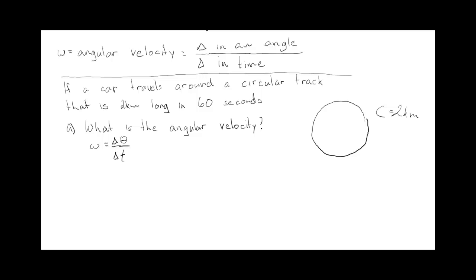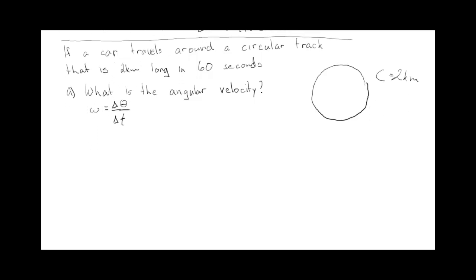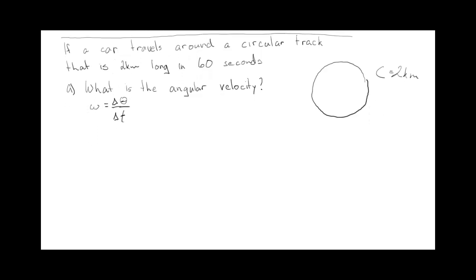Now, one thing it doesn't say in the question is what units to measure the angle in. We could measure the angle in many different units: degrees, radians, or what we call revolutions. Let's say we did it in degrees. This is the less common way, but let's say we did it in degrees. Then omega would be the change in degrees.